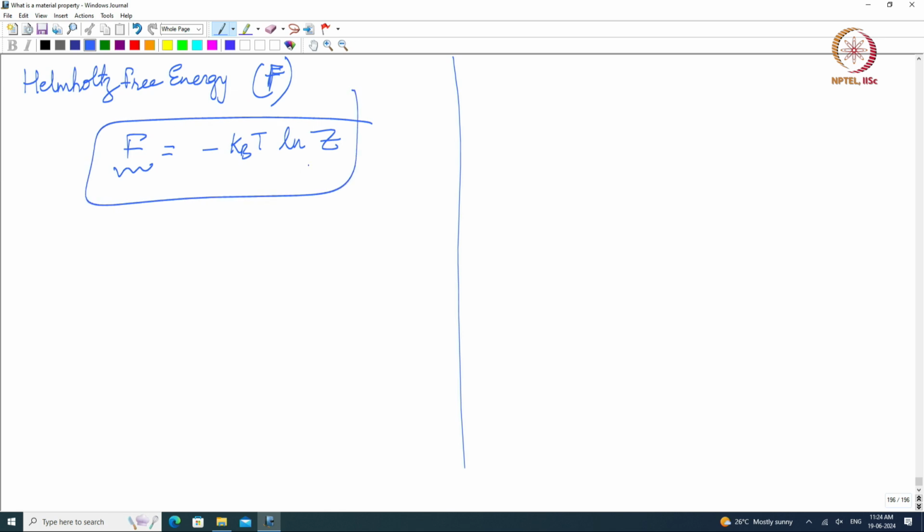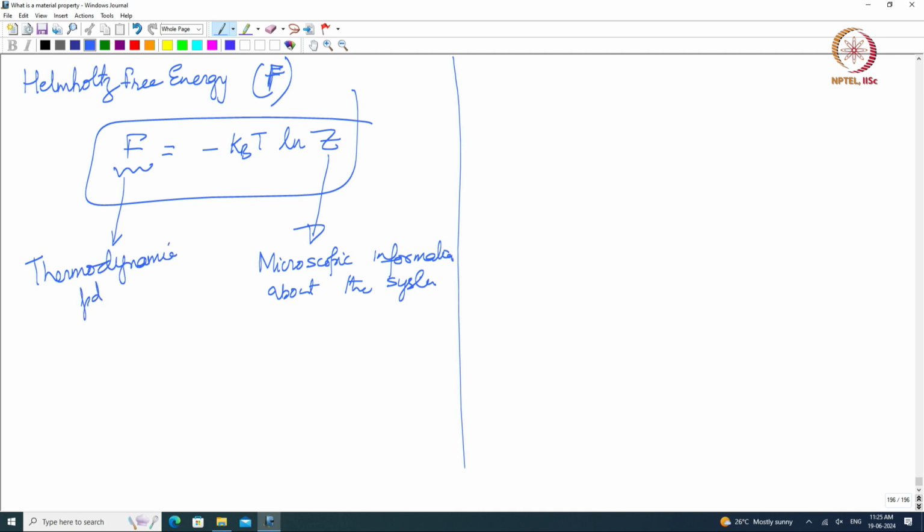Now, what did we tell about Z? Z has all the microscopic properties, microscopic information about the system. And what is F? F is a thermodynamic potential. But this thermodynamic potential is exactly the same as some sort of a logarithm of Z, right. So, kBT logarithm of Z, right.